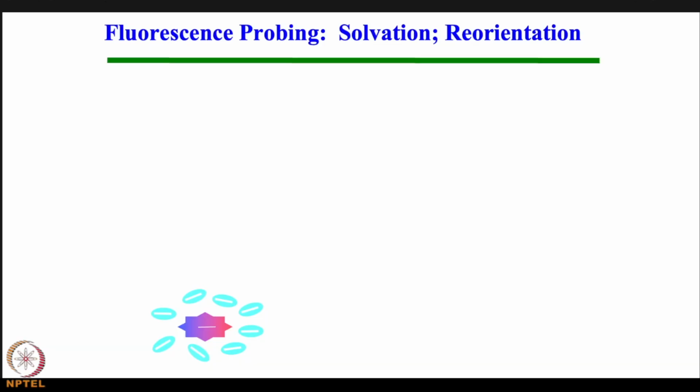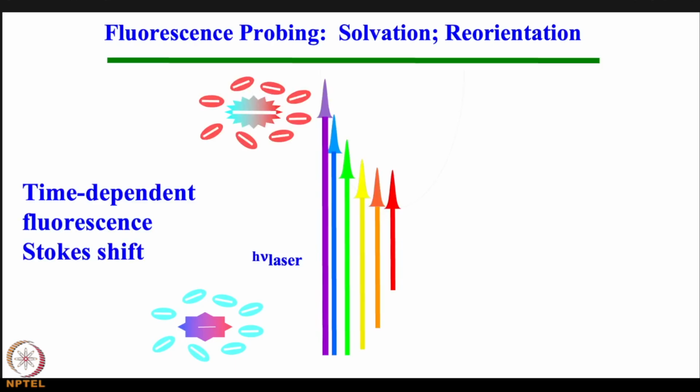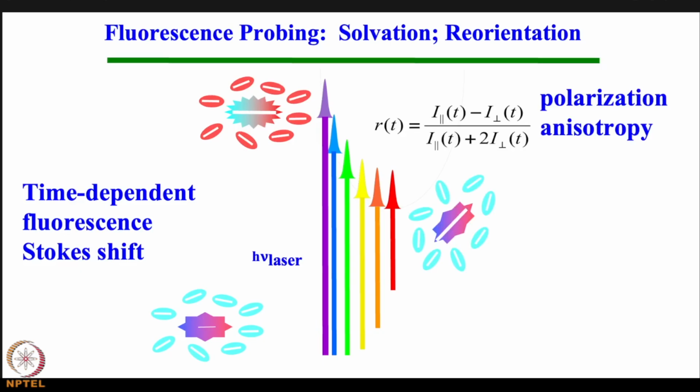So, suppose my molecule is somewhere sitting here and it is solvated by the solvent. One can have a time dependent Stokes shift. The molecule starts to tumble, right, then it is in an isotropic environment. If it tumbles here, the molecule was sitting like this, then it can go like this, and you see an intensity decay.